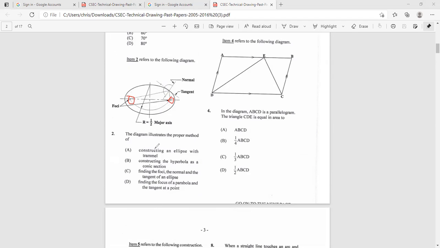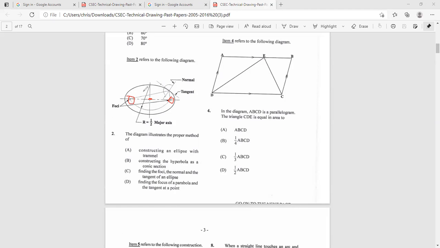To find the focal point, you open your compass to half the major axis. Then you place it here, which they did, and they describe an arc. At the point where the arc meets the circle, those are the focal points.